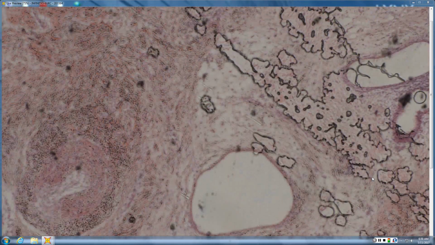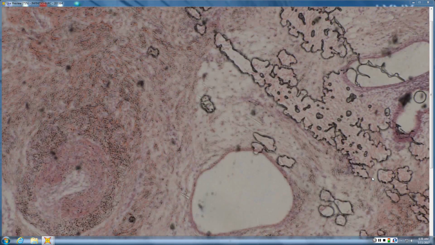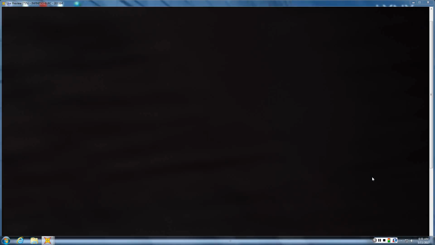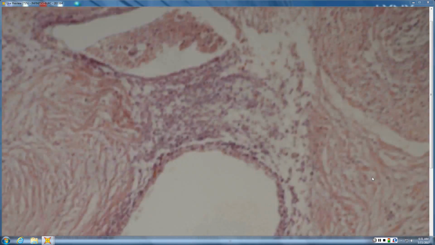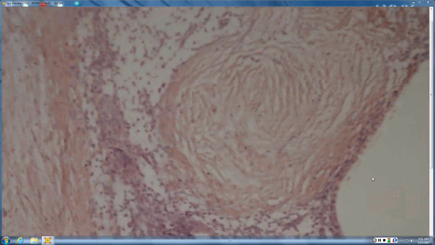Hopefully they give you some sort of history. This one, I guess it's not written on the slides, but this one says history fluctuates in size each month. So that probably would have been a little helpful. And when you get in further, you can see that it's sort of this stratified squamous epithelium. This is pretty thin here, but it can be decidualized.